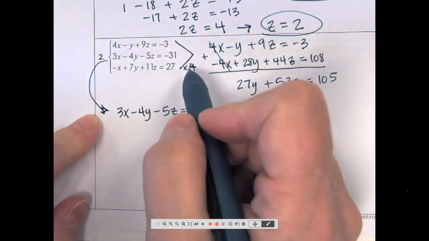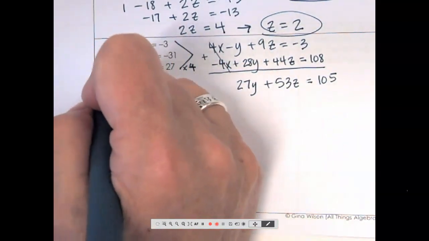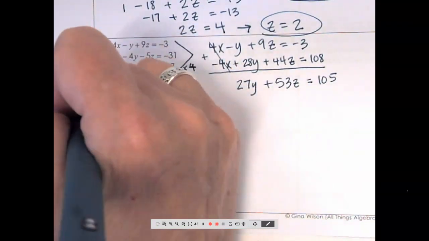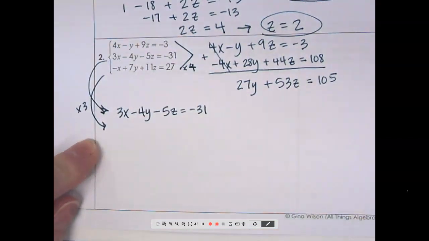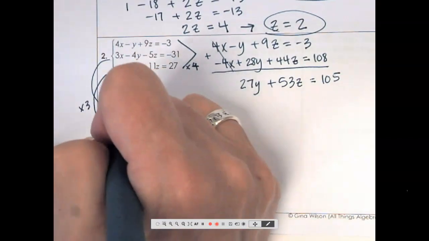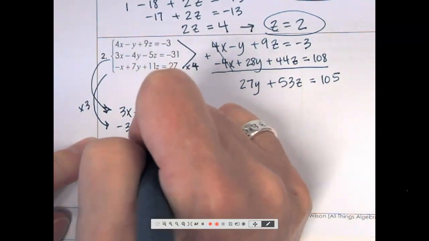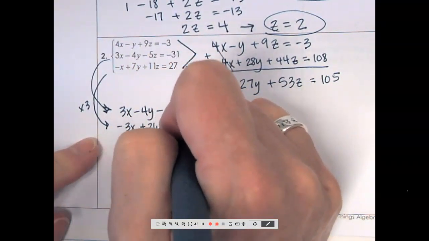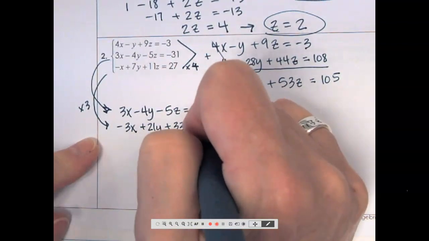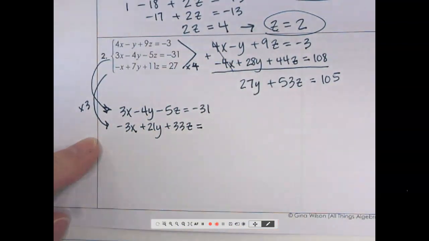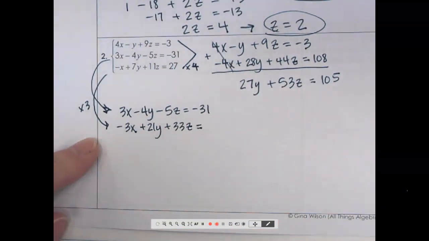I am multiplying the second one times 3. Negative 3x plus 21y plus 33z equals 27 times 3 is 81.